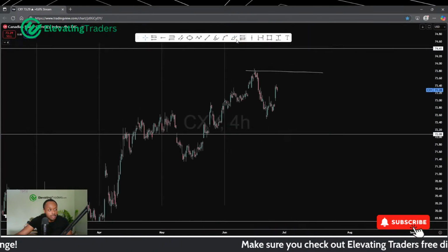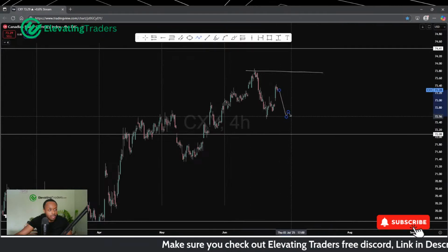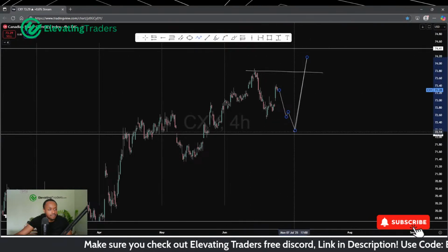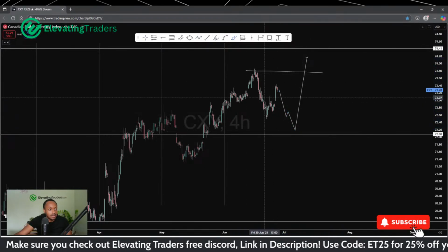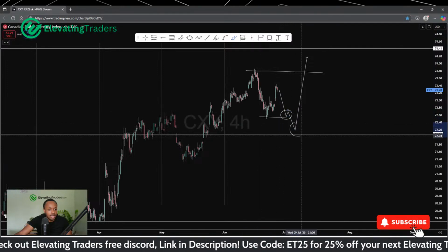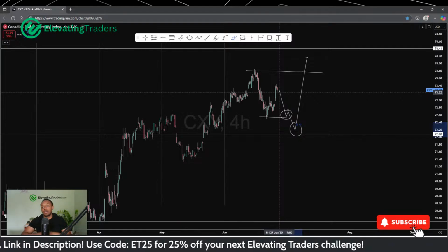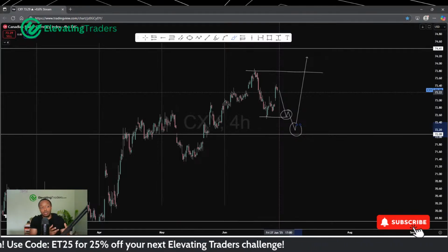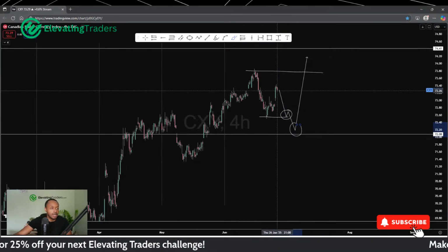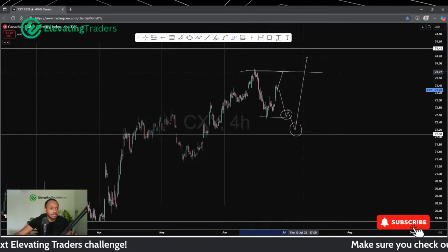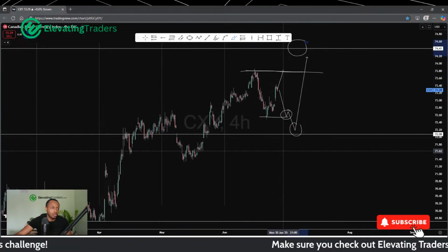It would be nice if price could push back down into support, maybe even into the low here, or at least into this low, because these would be nice areas to pick up some longs. Probably not on the CAD index, but maybe shorting dollar CAD, which is kind of what I'm looking for. But I do think we are likely to rally back to highs and probably push into 74.41.